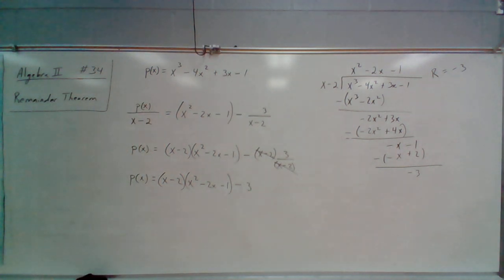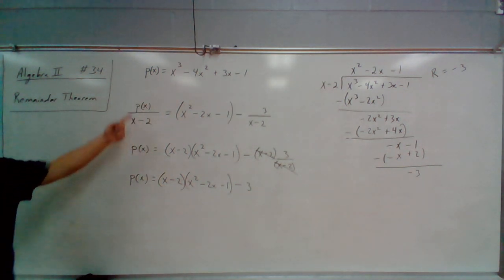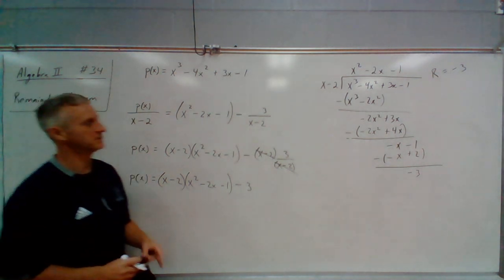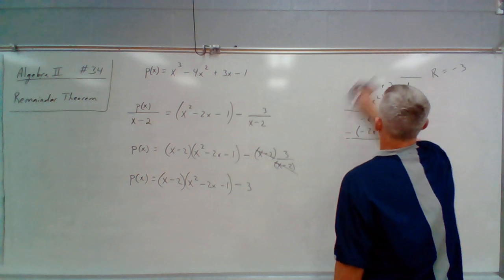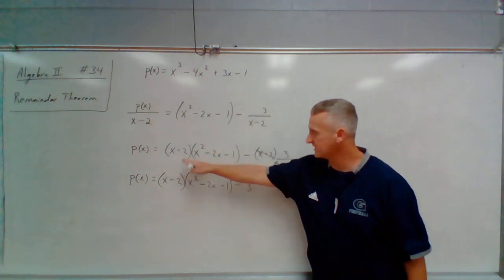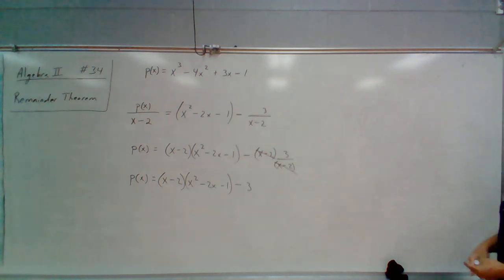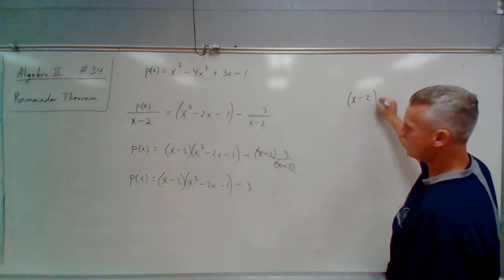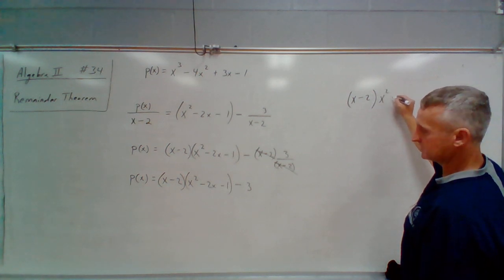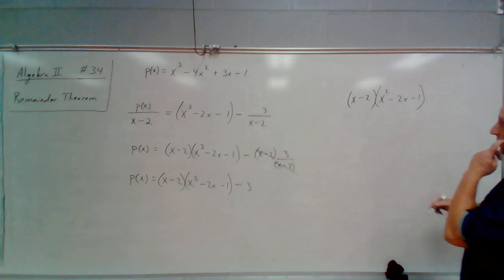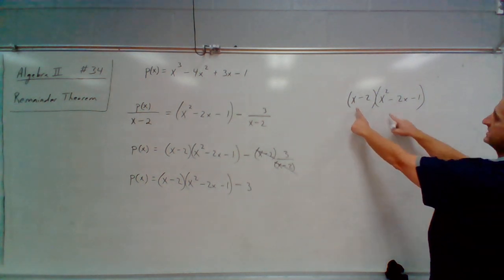Is that really true? Is it true that this polynomial is equal to that? Let's check and see. Let's work it back out. So we did division. We got this as our answer. So let's multiply it back and make sure it's really true. So x minus 2 times x squared minus 2x minus 1. And let's see what we get when we do this.